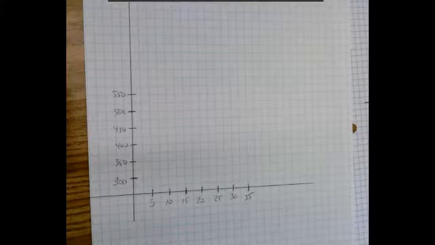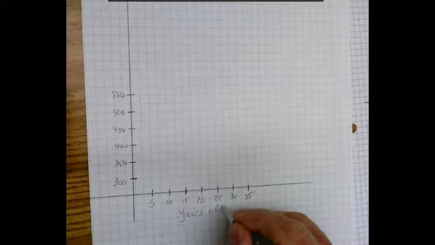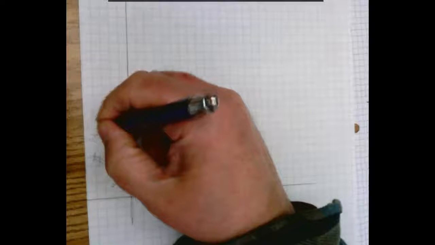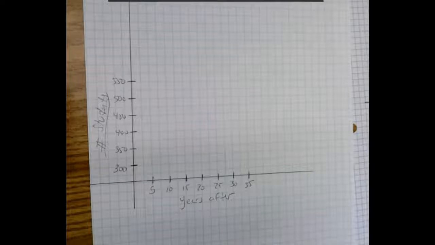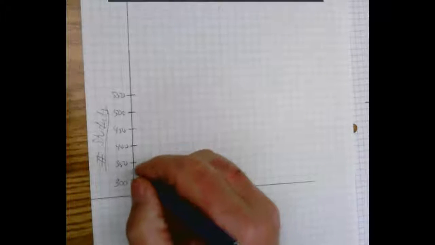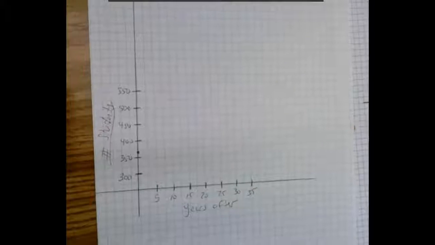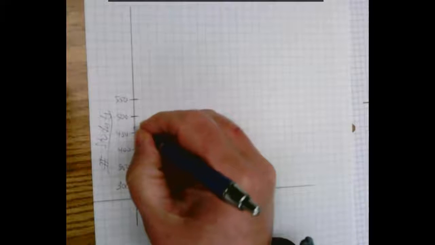I'm going to go with 5 years, and this is going to be years after, and this is going to be number of students. So we know that each one starts at 371, so this is somewhere around here, right? And the other one starts at 470 or so, probably somewhere around there.